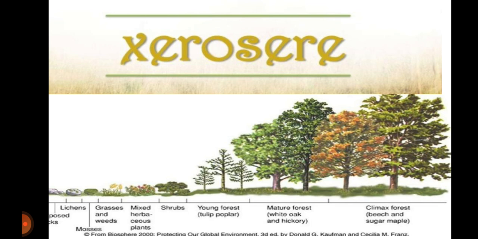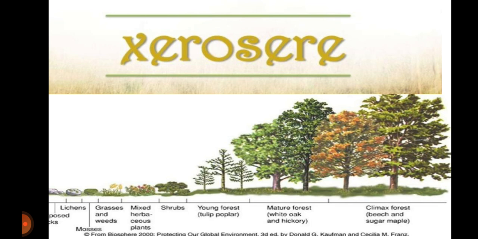In the serial stages of xerosere, especially in lithosere, there is the crustose lichen stage, the foliose lichen stage, the moss stage, the herb stage, the shrub stage, and the last one is the forest or climax stage.